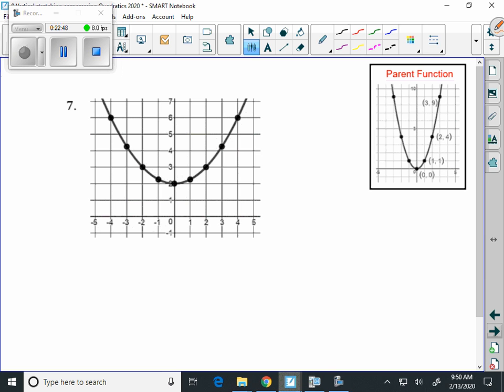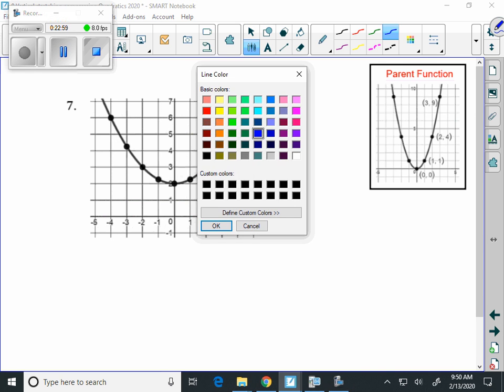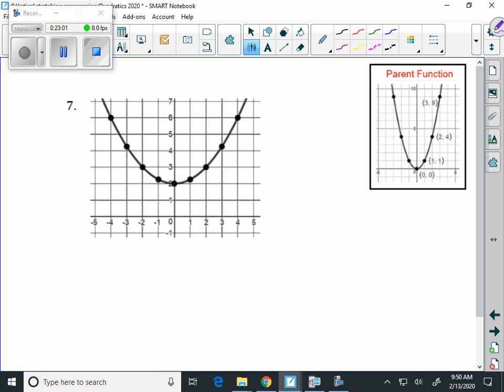Number 7. Again, start with the vertex. Well, our vertex is 0, 2. So over 0, up 2. So that means we went up 2.